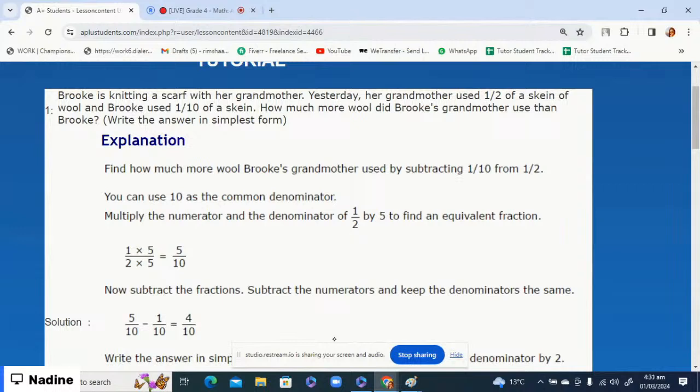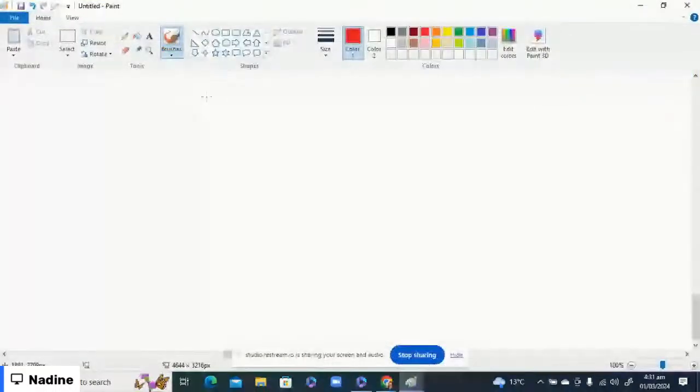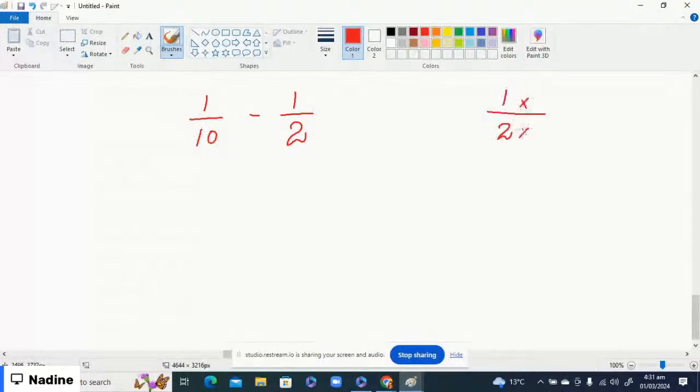So we are going to write it here 1 by 10 minus 1 by 2. Now here we choose 1 by 2 and then the same method we are doing. We are going to make this one 10. So multiply and divide with the same number.